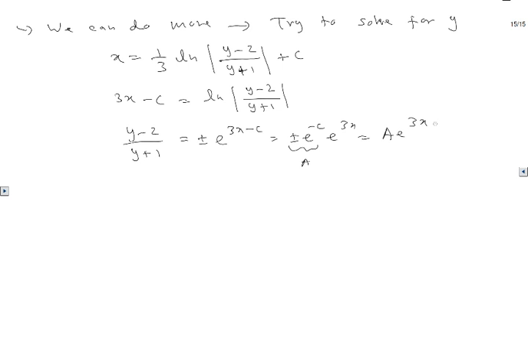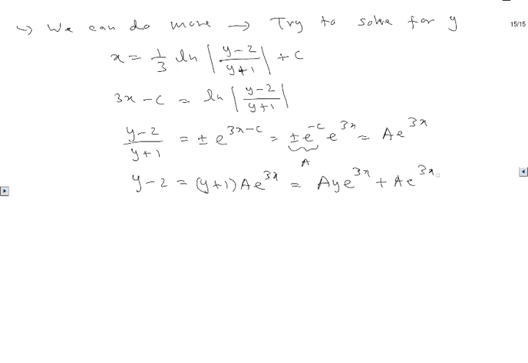Now how to solve for y? To solve for y, we can cross multiply, so we can write y minus 2 equals (y plus 1) times A e to the 3x. If you distribute this, you get A y e to the 3x plus A e to the 3x. Now we take all the y terms to one side and the other terms to the other side.